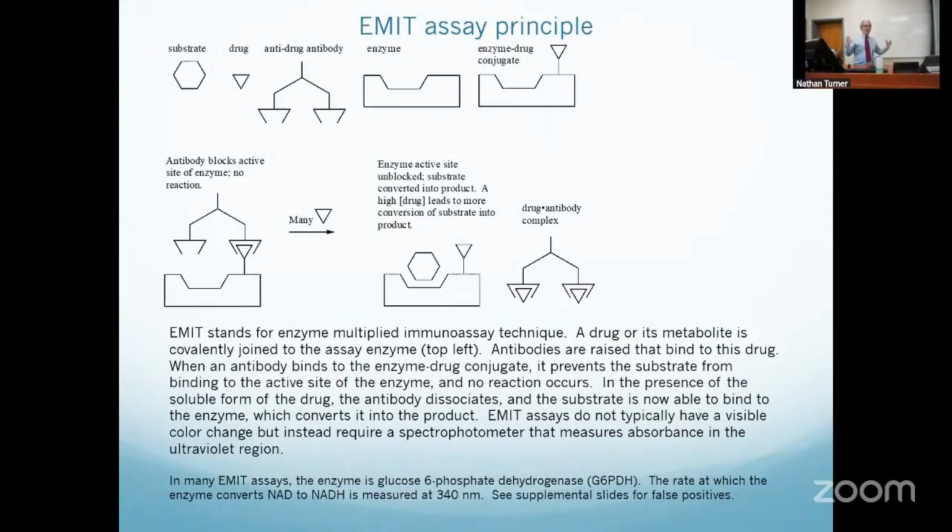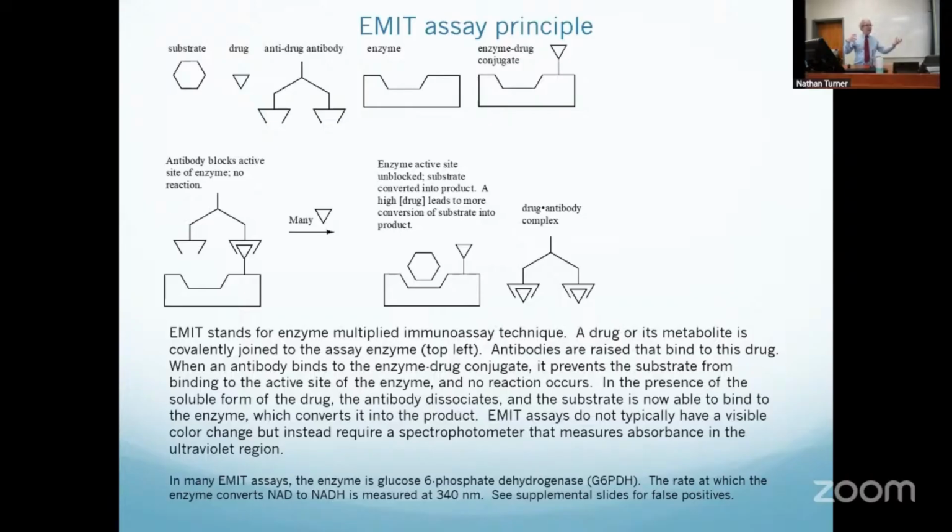Now, this is a cartoon representation of what's called an EMIT test, enzyme multiplied immunoassay technique. So in my cartoon, I'm showing an enzyme, and the enzyme has been covalently joined to a drug, okay? The drug you're being tested for. And there's also an antibody or immunoglobulin, which has a binding site which recognizes the drug.